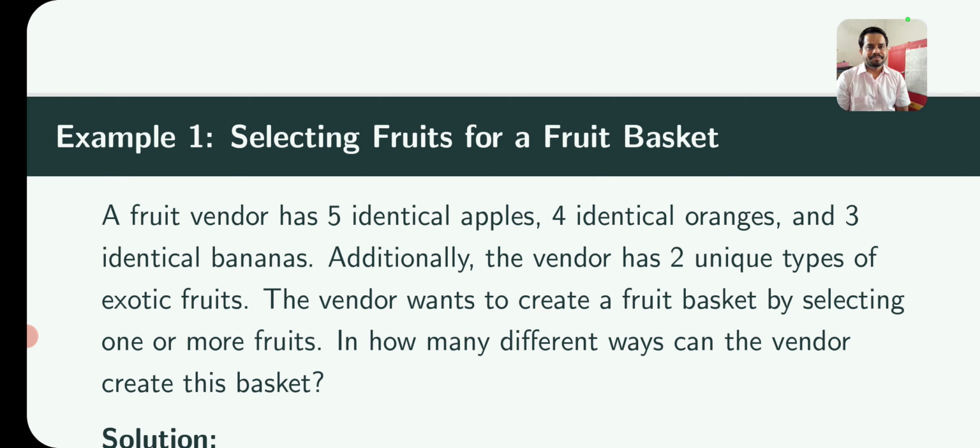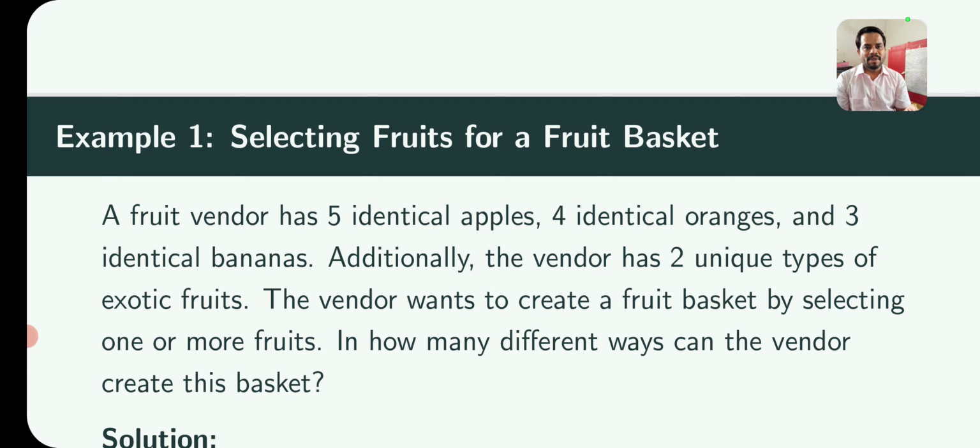So here 5 identical apples are given, 4 identical oranges, 3 identical bananas, and additionally the vendor has 2 unique types of exotic fruits, and we are asked to find the number of ways the vendor can create the basket.